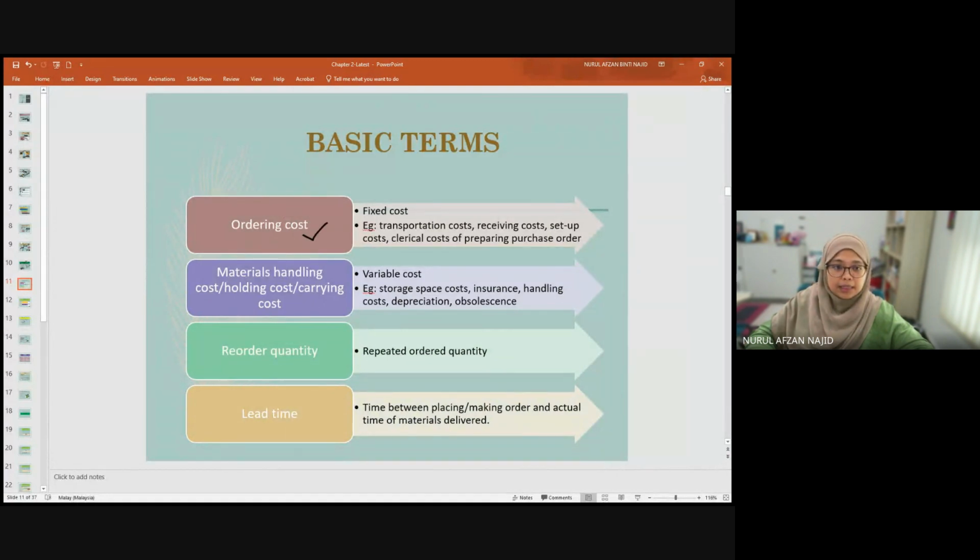So ordering cost. Ordering cost ni untuk mudah you faham, nama pun ordering cost kan, bermaksud cost masa you baru nak order barang, you baru nak order material. So apa yang kita kena buat kalau baru nak order? Kita akan buat call kepada supplier, kita akan print purchase order.